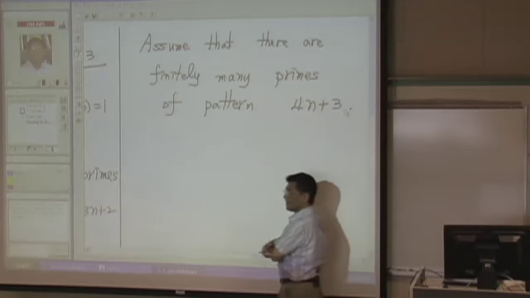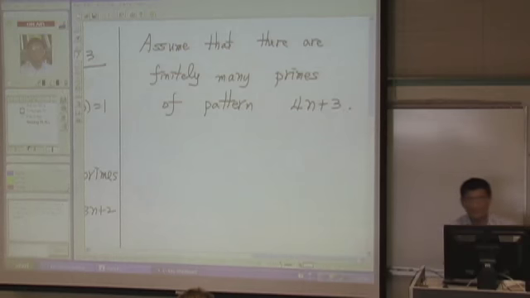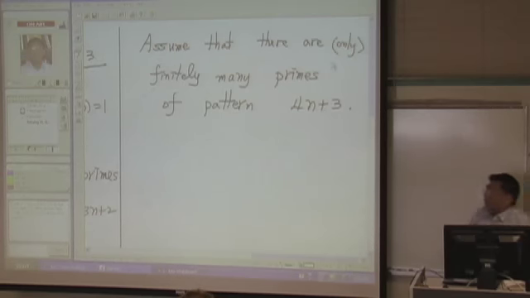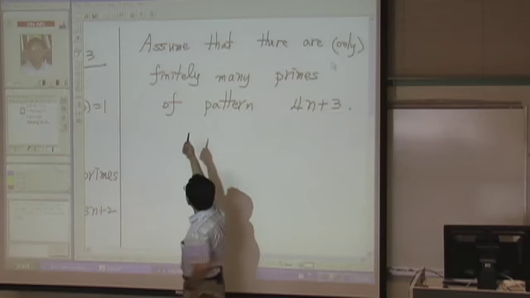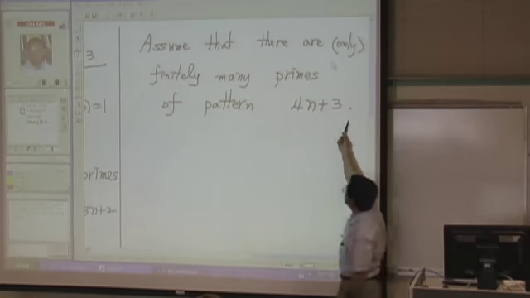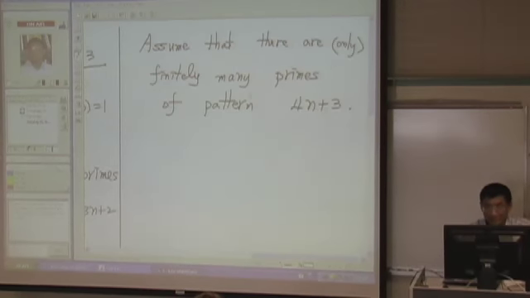So this is the assume not statement, right? To emphasize this finiteness, I will add there are only finitely many. In other words, we don't have infinitely many primes of this pattern. In other words, we negated the result. There are only finitely many primes of this pattern.